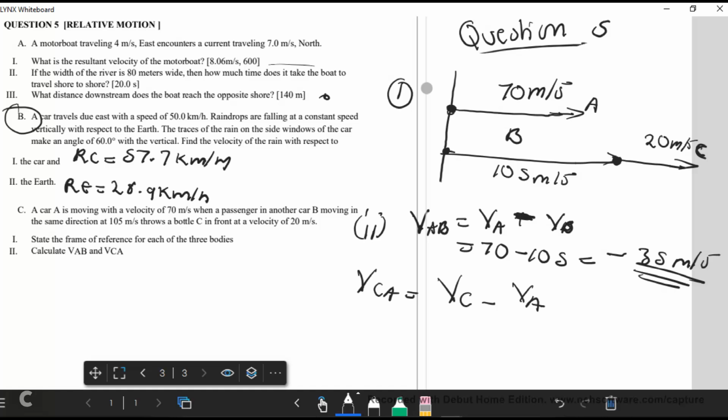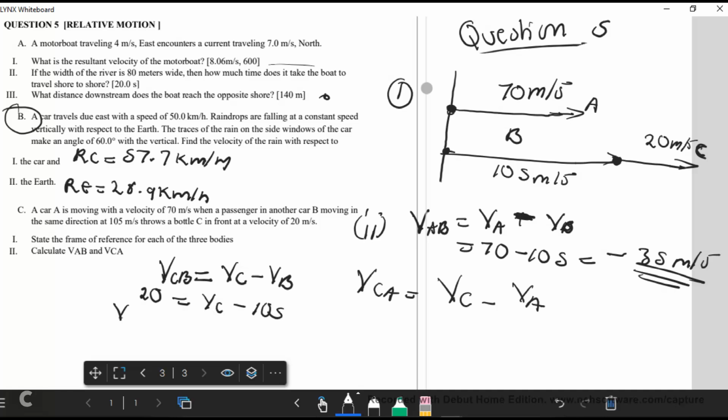So how are you going to calculate the VC? You have to say VCB is equal to VC minus VB, because this C here is with respect to B. So what's VC? VCB is 20 there, which is equal to VC minus VB, and VB is 105.